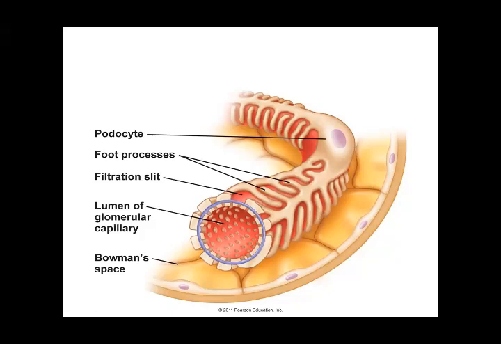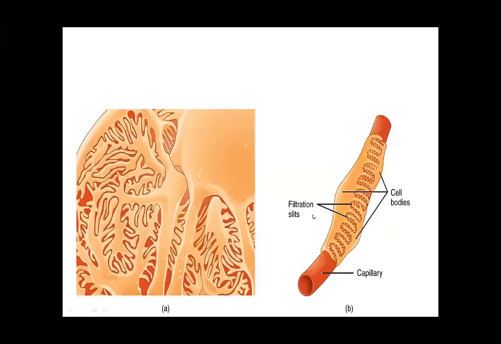Do you see a blue ring in this? Yes, this blue ring is the GBM, glomerular basement membrane. Together the endothelium, the glomerular basement membrane, and the podocytes of the visceral epithelial layer form the barrier, right?